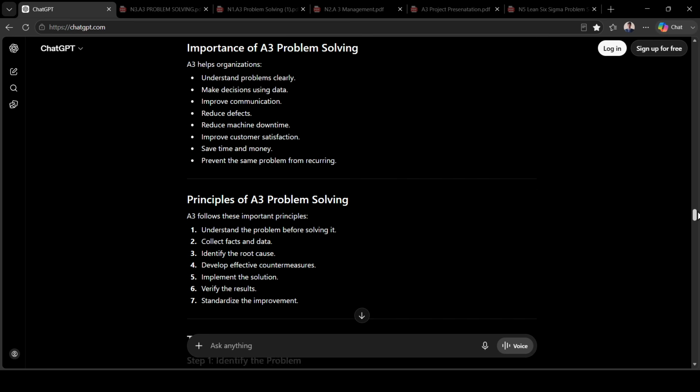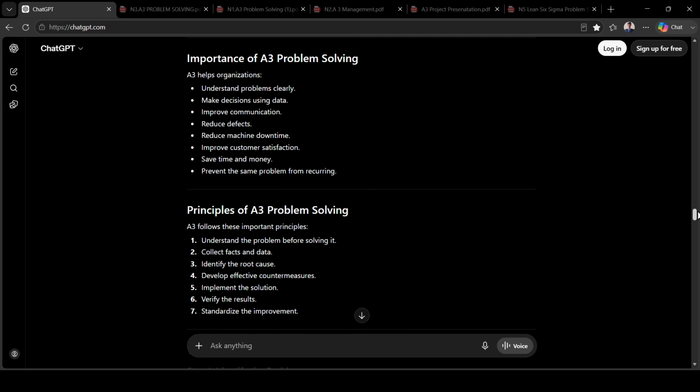And the importance of A3 problem solving: it helps organizations understand problems clearly, make decisions using data, improve communication, reduce defects, reduce machine downtime, improve customer satisfaction, save time and money, and prevent the same problem from recurring.